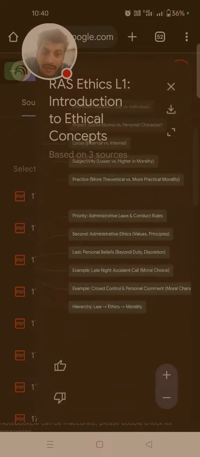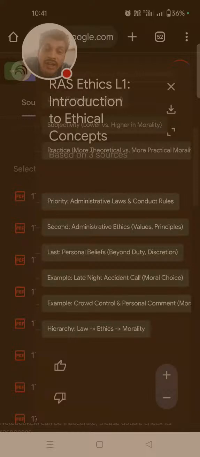Then we have the priorities of law, ethics and morality. First priority is given to administrative law and conduct rules. The second priority goes to administrative ethics, the values and principles. The last priority is given to personal beliefs beyond duty, which depends on discretion.